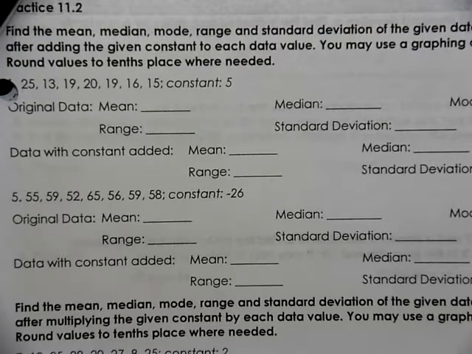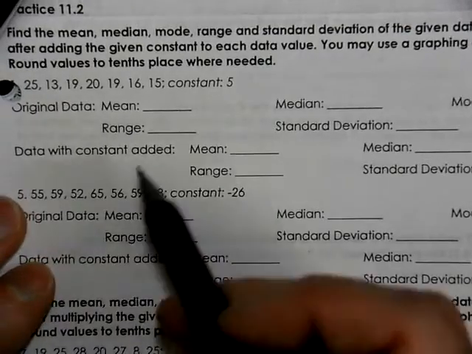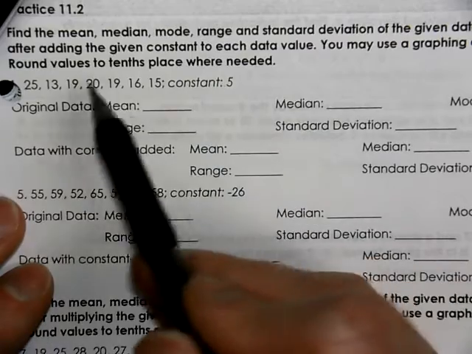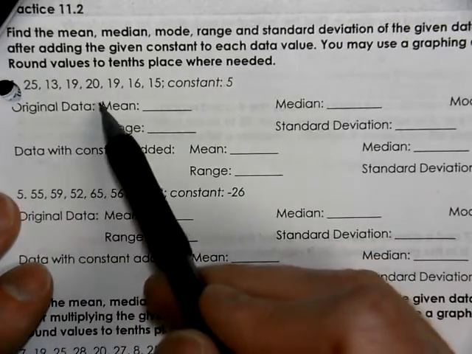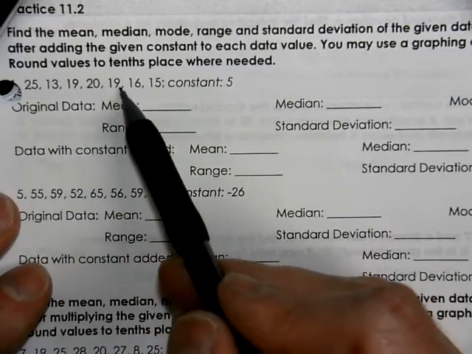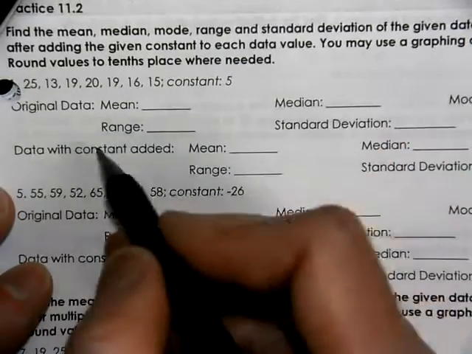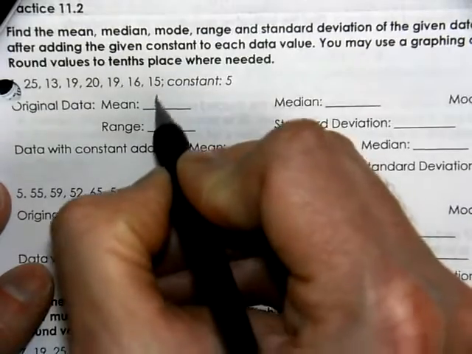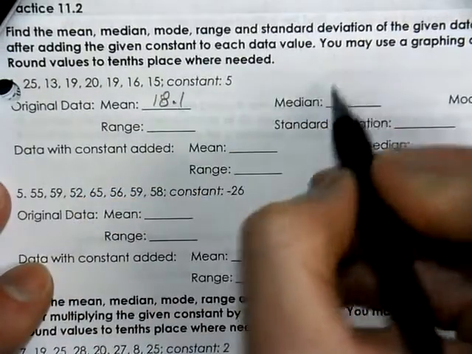On the second page of this review, this is practice 11.2, we're looking at a constant value of 5. We're going to take the original data, which is 25, 13, 19, 20, 19, 16, and 5, and find the mean, median, and mode, the range, and standard deviation. The mean is 18.1.